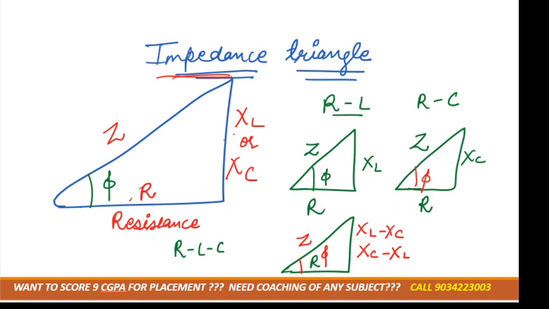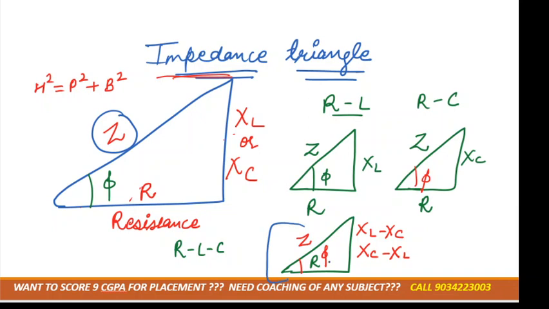Now you know one thing more, the Pythagoras theorem, right? Can you tell me what the Pythagoras theorem is? H square is equal to P square plus B square, right? Hypotenuse is how much?